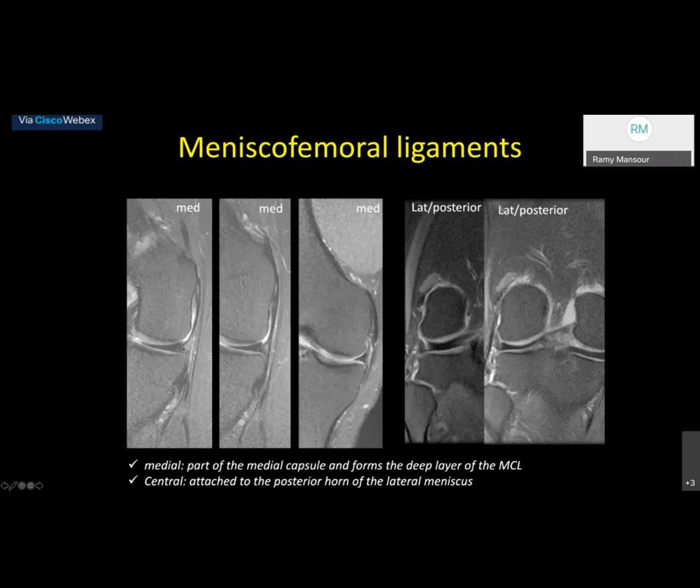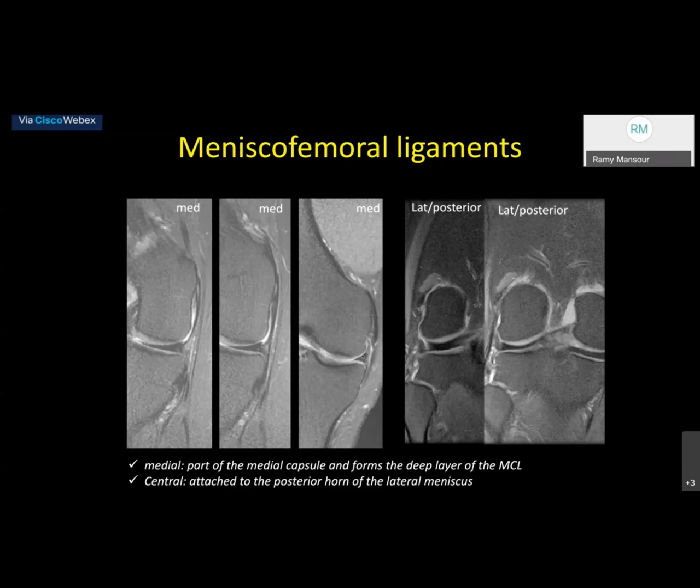They can attach directly to the femoral condyle, like this example. They can merge with the superficial part of the MCL, or they can have their own attachment to the femoral condyle. So they have variant attachments, and these should not be confused with any abnormality in this area.